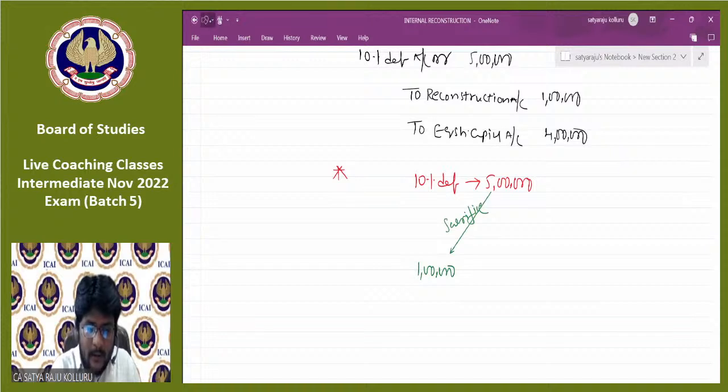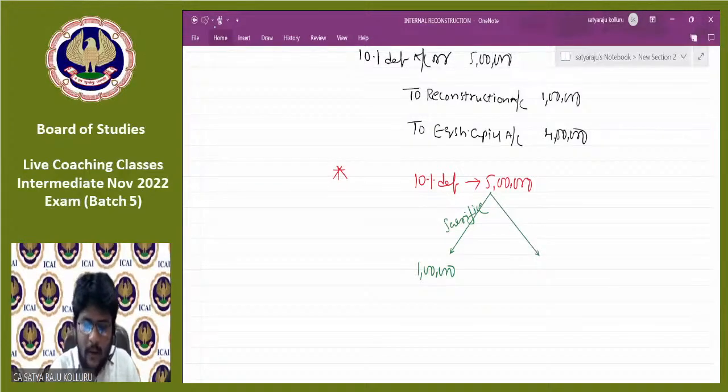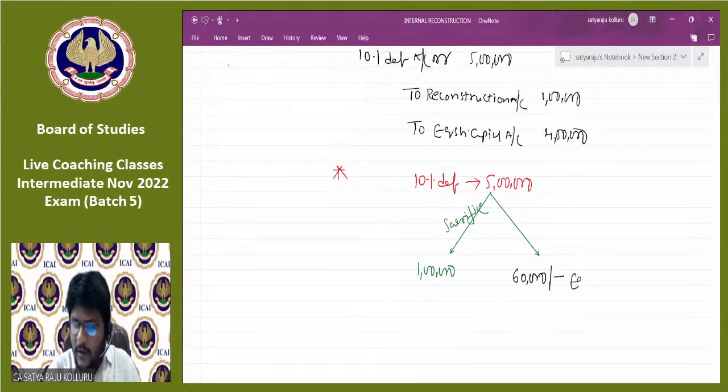Provided that, when they are ready to sacrifice, the company issues 60,000 worth of equity shares. One more time, I'm repeating, concentrate.